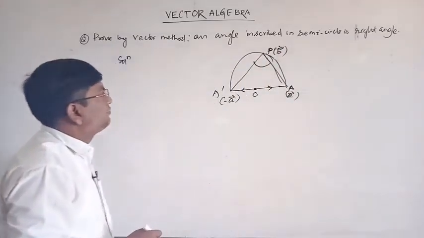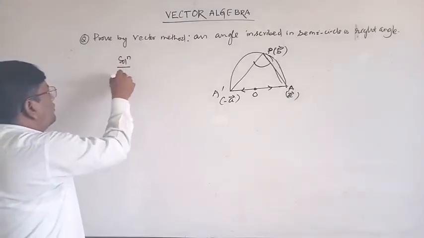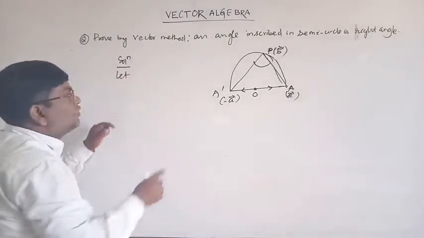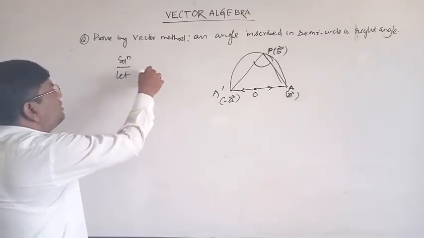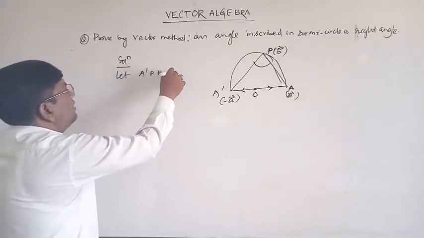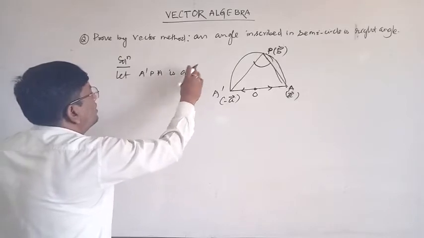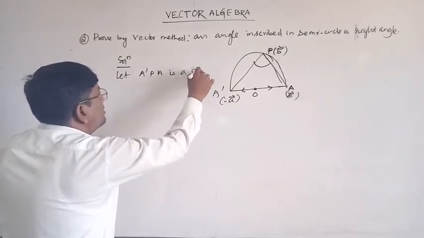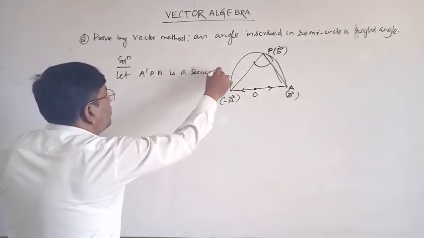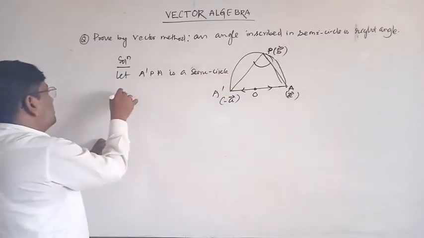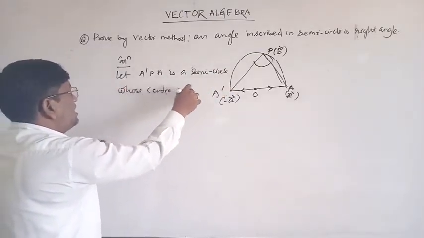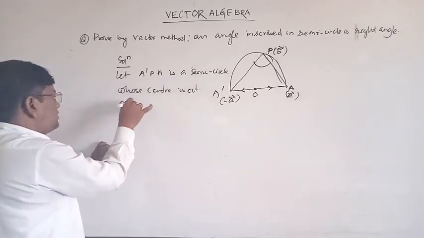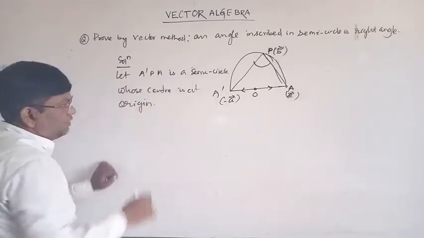Let A dash P be A dash B A is a semicircle, whose center is at origin. Center is at origin.